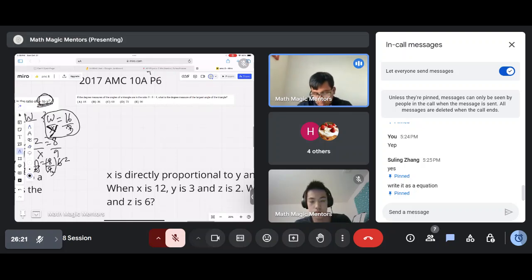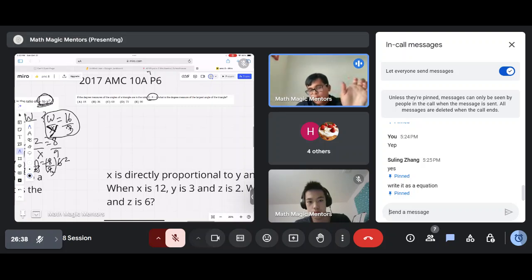We don't actually have to draw a triangle or do anything like that. So if the degree measures of the angles of a triangle are in this ratio, what is the degree measure of the largest angle?